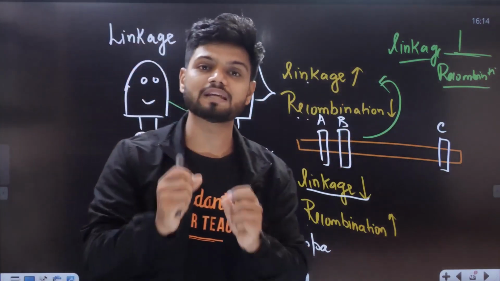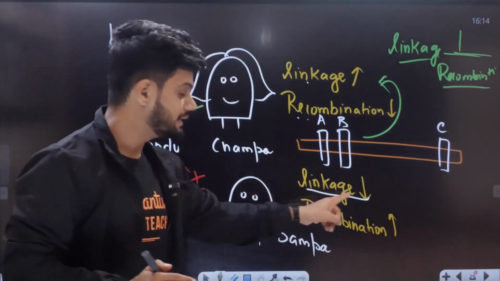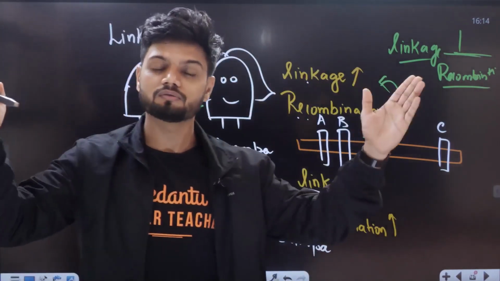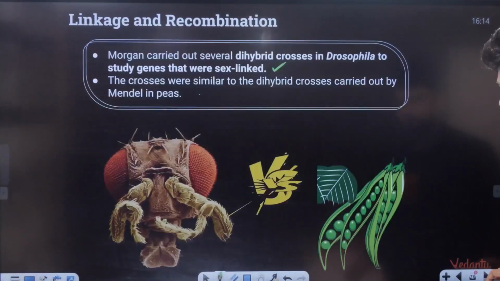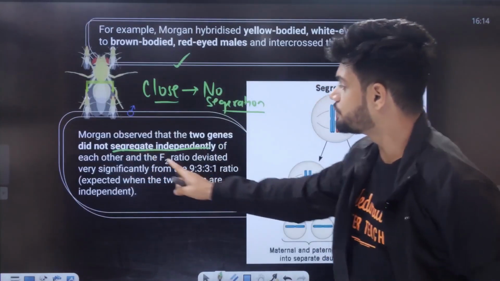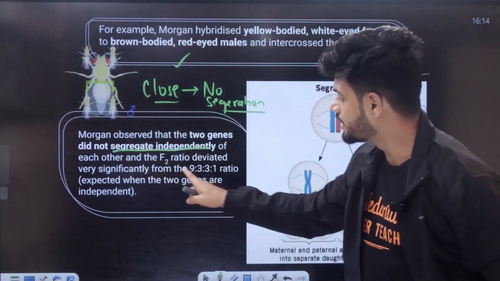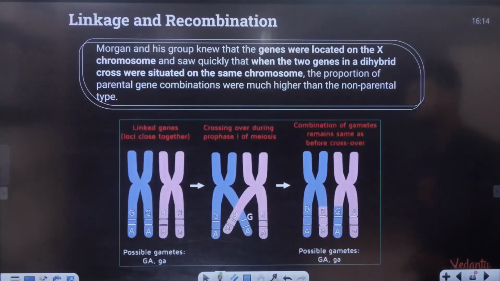The segregation or recombination will only happen when the linkage is low, when the two genes are very far from each other. Okay, they did not segregate independently of each other, and the F2 ratio deviated from the 9:3:3:1 ratio. So what has happened?